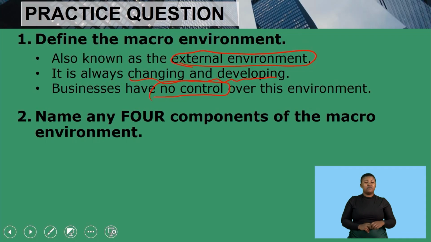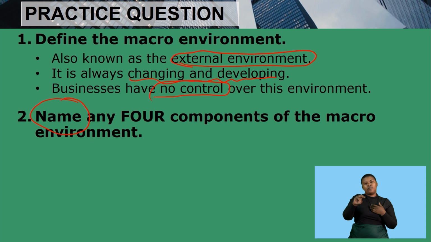Our second question then asks, name any 4 components of the macro environment. So the term name means it's only necessary to list the components, and this question specifically asks for 4 components. So we can say political. It's of course our first component, political environment.